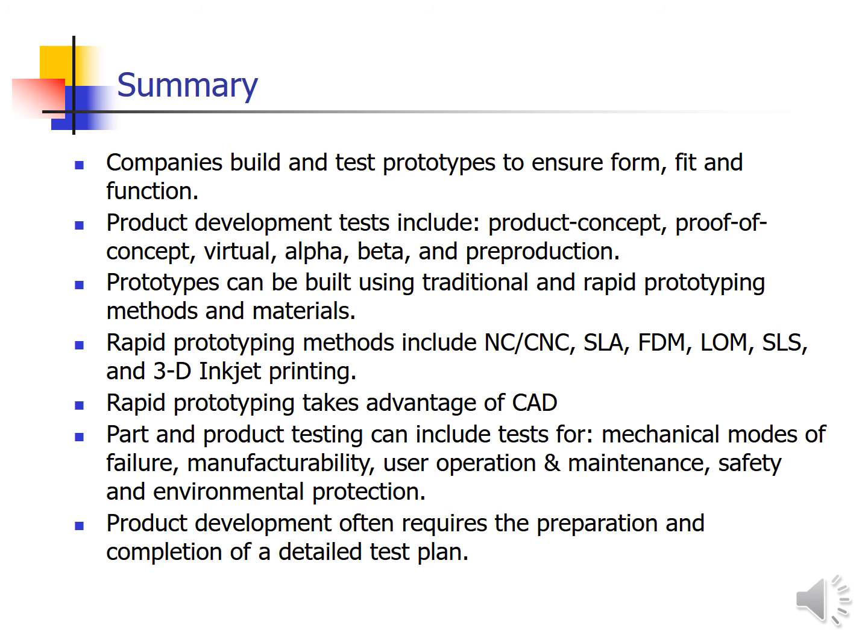The types of prototyping include NC or CNC, SLA, FDM, LOM, SLS, and 3D inkjet printing. Rapid prototyping takes advantage of CAD. Product testing can cover mechanical modes of failure, manageable user operation, maintenance, safety, and environment protection. Lastly, product development often requires preparing a complete, detailed test plan.